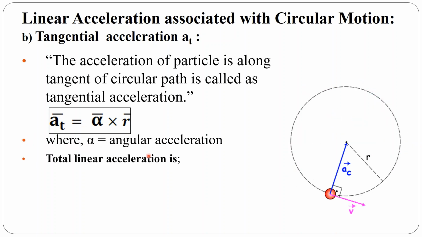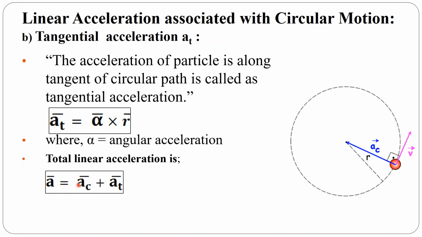So total linear acceleration is given by centripetal acceleration plus tangential acceleration. We discussed both types, centripetal as well as tangential. Both are associated with circular motion, so we add these two for calculating total linear acceleration.